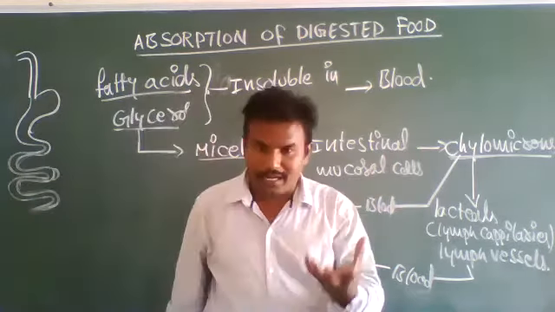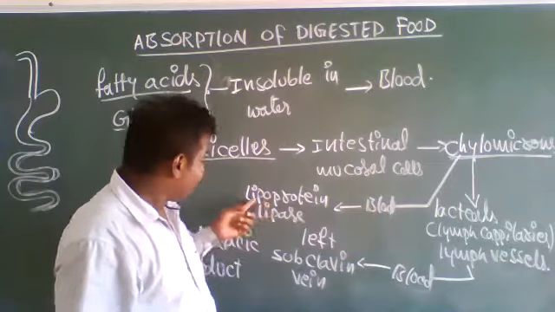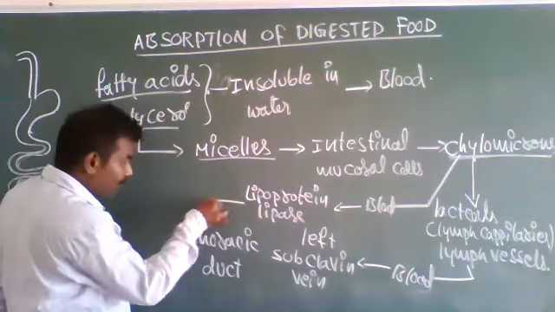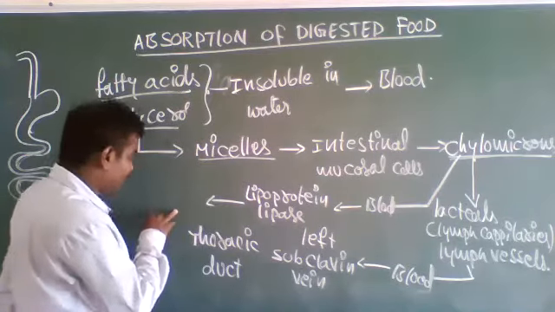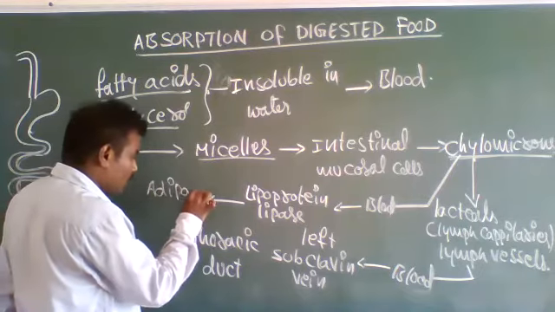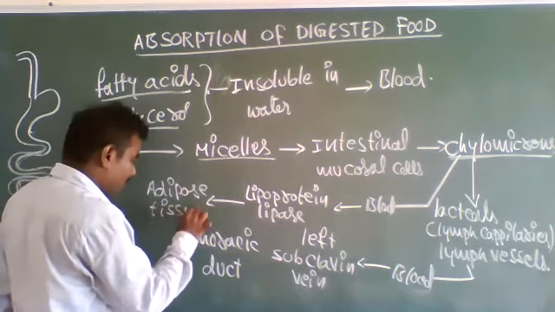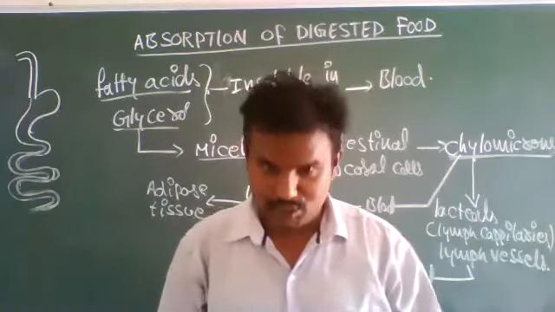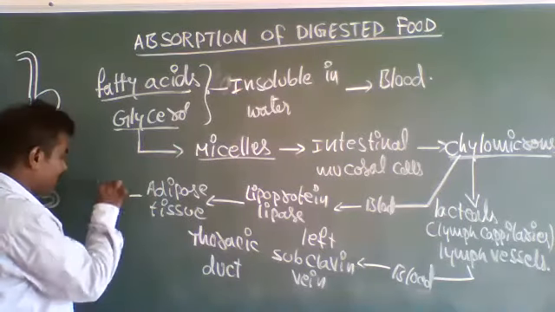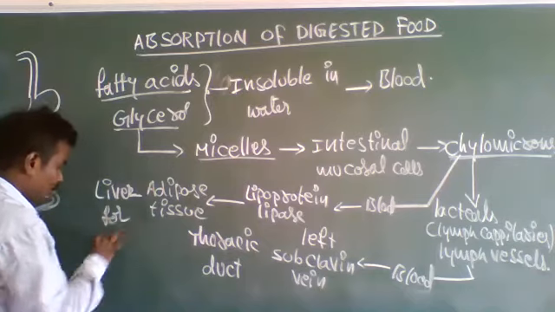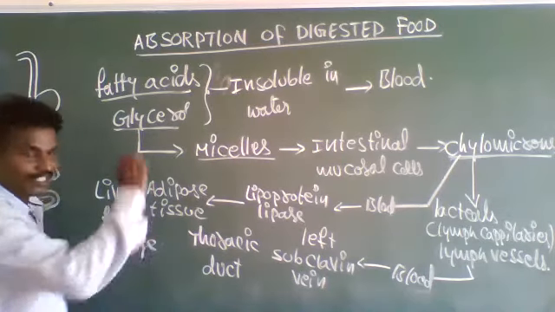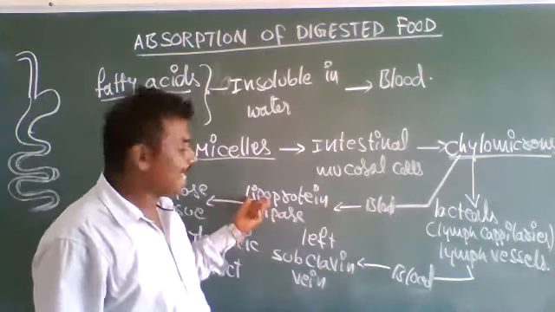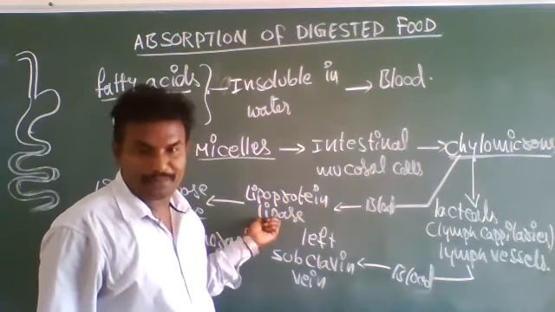Those broken-down substances are absorbed in the adipose tissue and the liver for storage. So these chylomicrons are broken down into small particles with the help of the lipoprotein lipase enzyme.